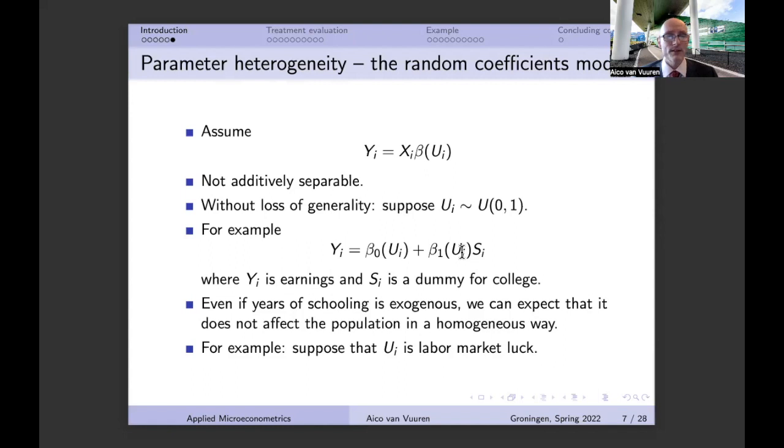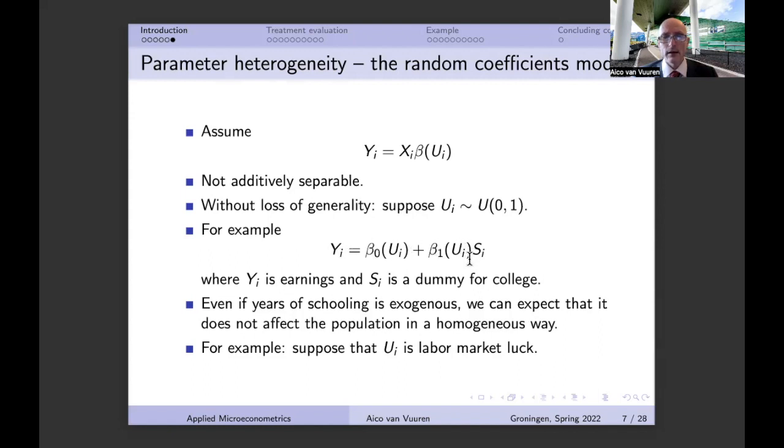Some individuals have particular kinds of talents and therefore they have a high return to education, and that is important for how realistic this model is going to be. So take into account that even in the case that schooling is exogenous, the endogeneity of schooling is definitely an issue, but that's not the main issue at this particular slide.